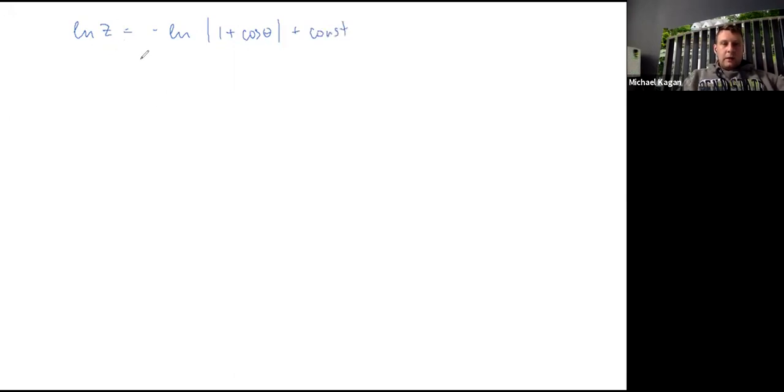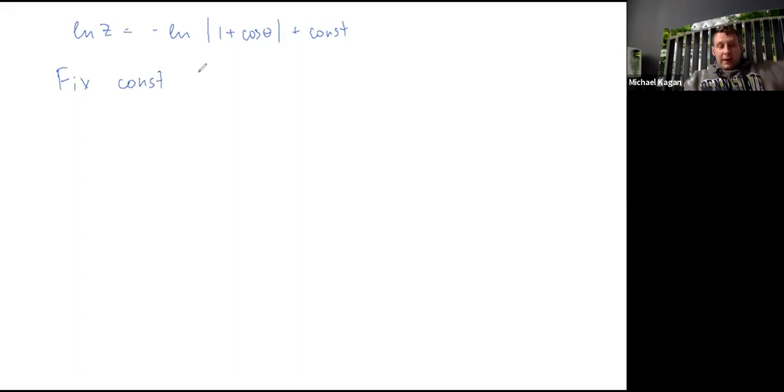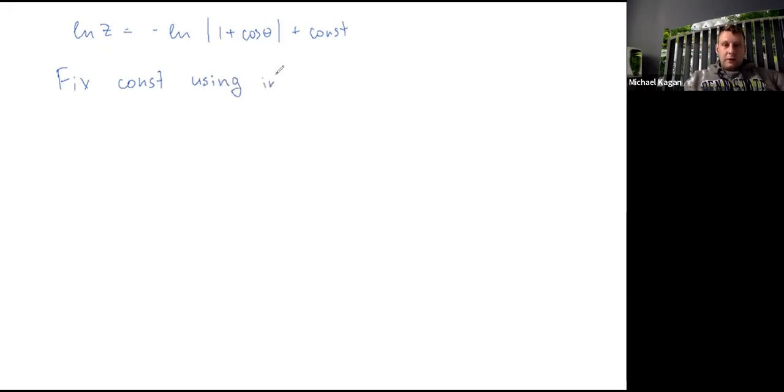So how do we fix this constant? What do we do? We can do all that, but just tell me how in general we approach fixing constants. Exactly, we need to use the initial conditions.